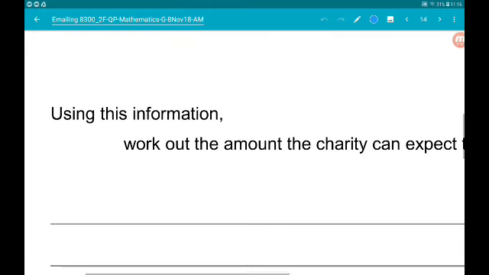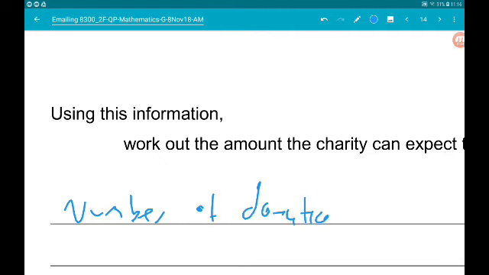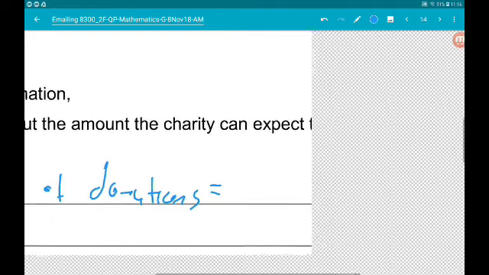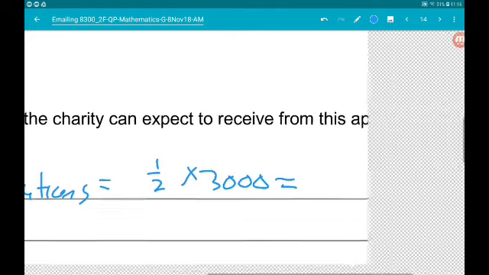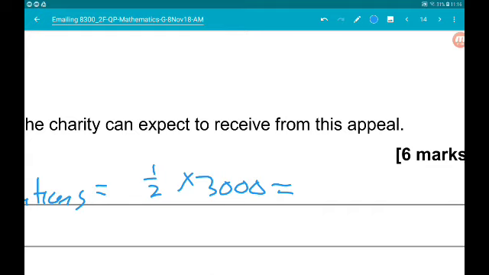So the number of donations is half of 3,000, which is 1,500.